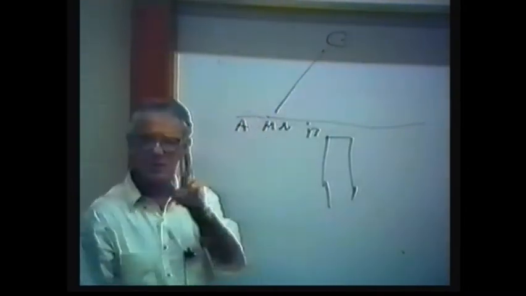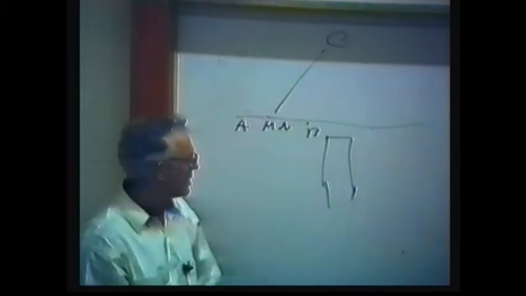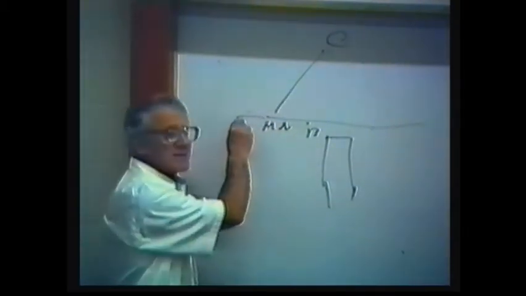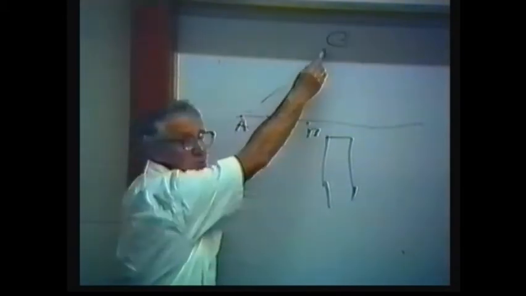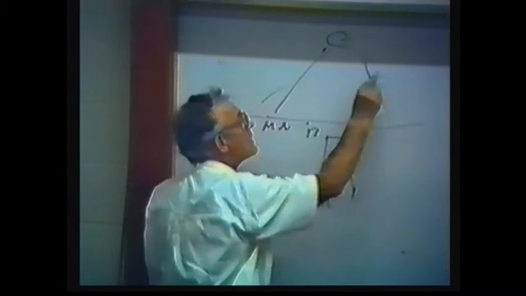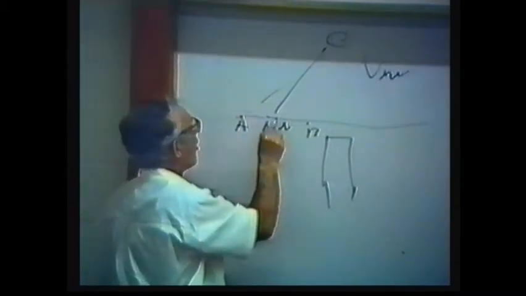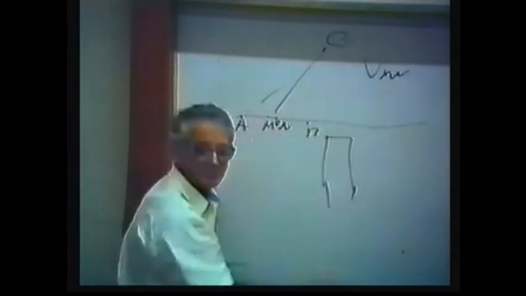At each point, we make two measurements. One measurement is when current travels from A to C, so we measure voltage.